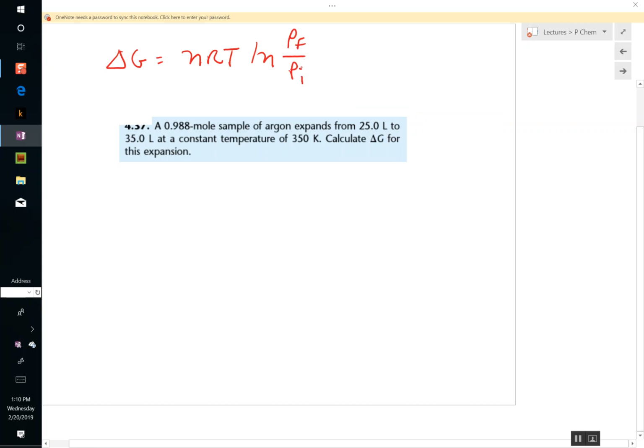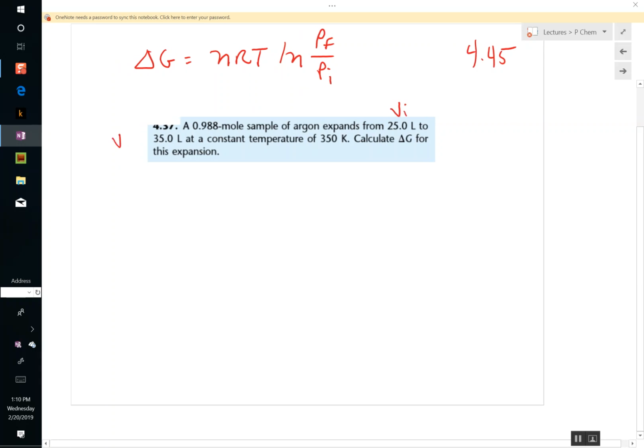We start with that equation, like I said, it's 4.45, and solve that problem. We got 0.988 moles of argon. It's expanding, so here's VI, 25 liters to 35 liters at a constant temperature, 350 K. Calculate delta G for this expansion.